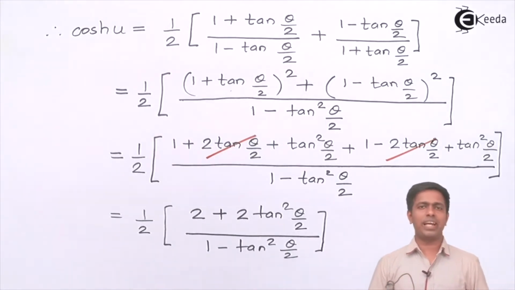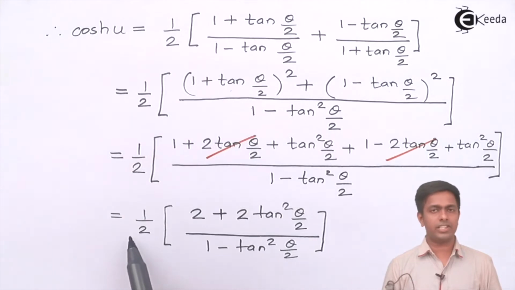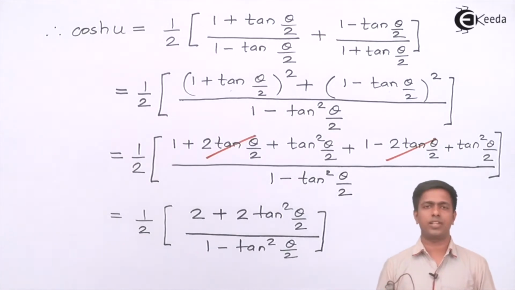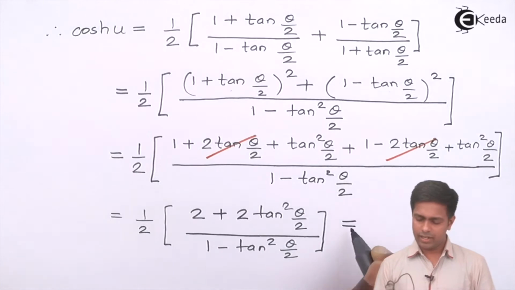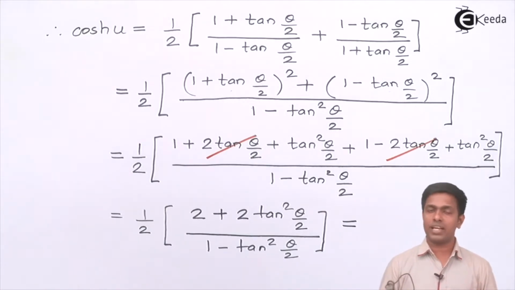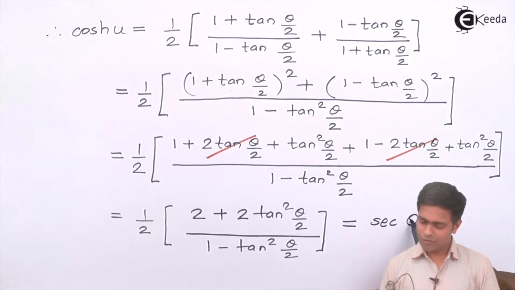Now guys, from the numerator we can take 2 common. So that 2 will be cancelled with this 2, and in the numerator we'll get 1 plus tan square theta by 2. In the denominator it is 1 minus tan square theta by 2. And if I ask you the formula for that, you will say that 1 plus tan square theta by 2 upon 1 minus tan square theta by 2 is sec of theta.